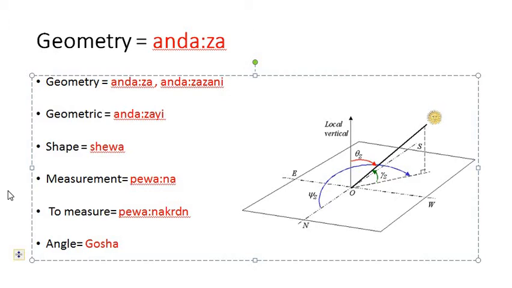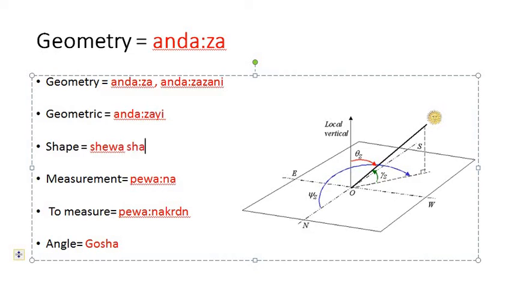It's stressed. Then shape. Shape is shewa in Kurdish. And shewa can also be a name, mostly a name of girls. Shewa can also mean face, I think.